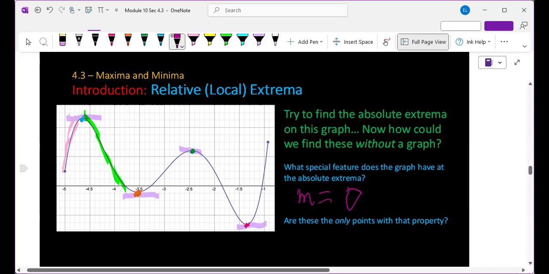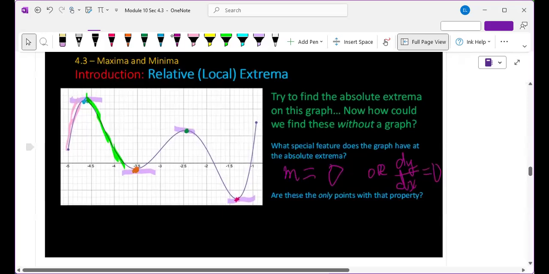So the absolute max and min have a slope of 0. But there are those extra points, those relative maxes and mins. So let's see where the notes go.